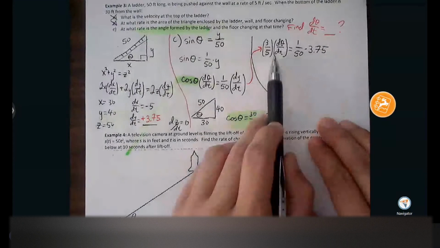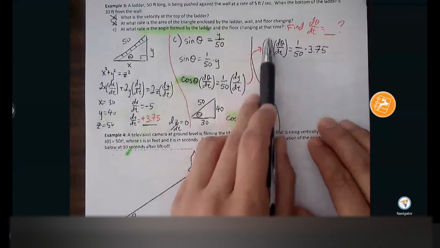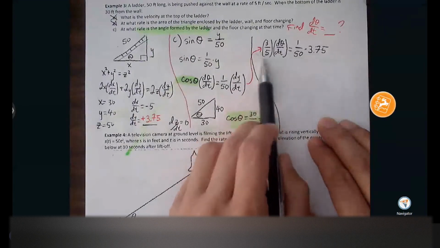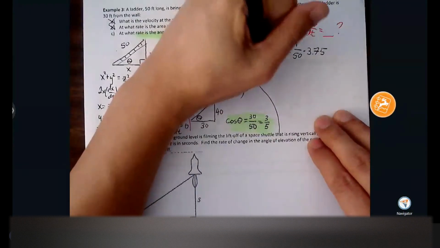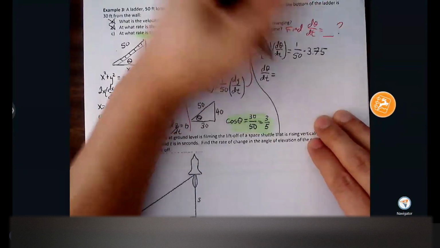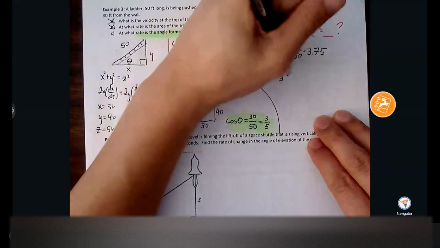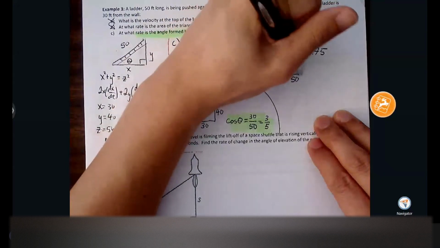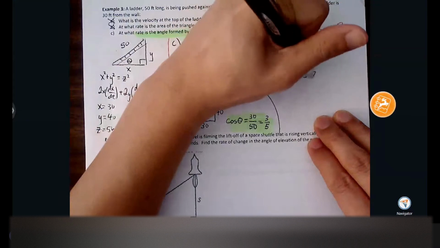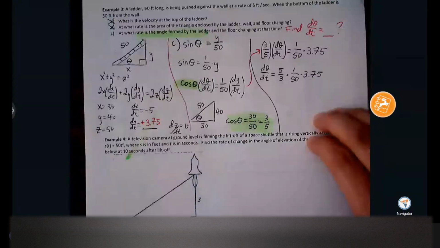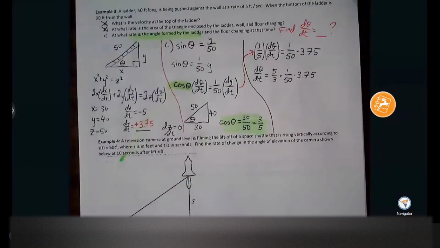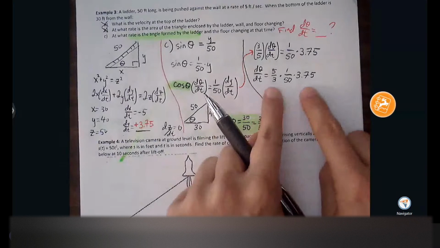All right, so I want to solve for d theta/dt. So I want to divide both sides by 3/5, which is the same thing as multiplying by the reciprocal, which is 5/3. Make the calculator do the work for us here.